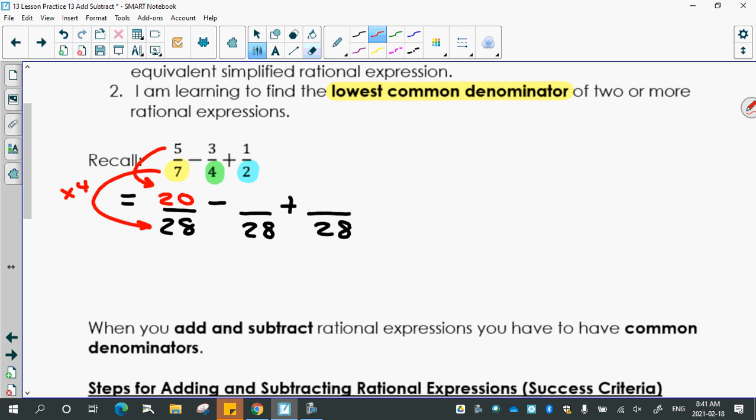To get from 4 to 28, I had to multiply by 7, so I'm going to have to multiply the 3 by 7 as well. So 3/4 and 21 over 28 are the same number, just written differently. And then here, 2 times 14 gives me 28, so I have to do 1 times 14.